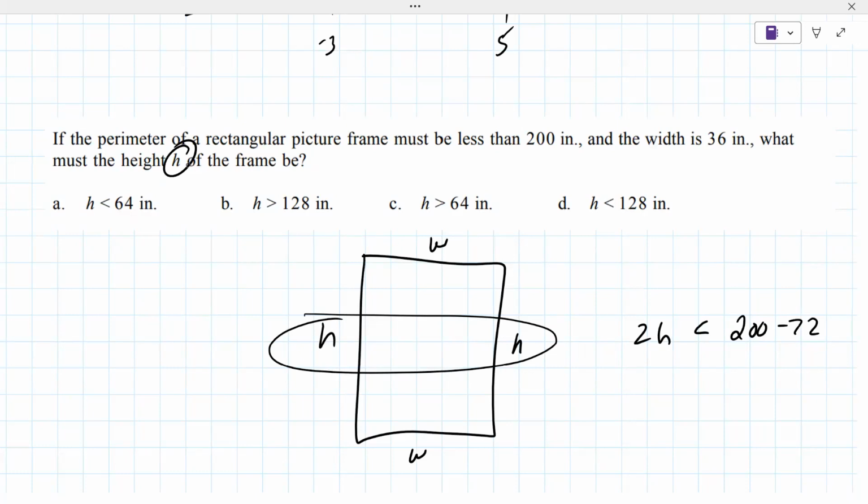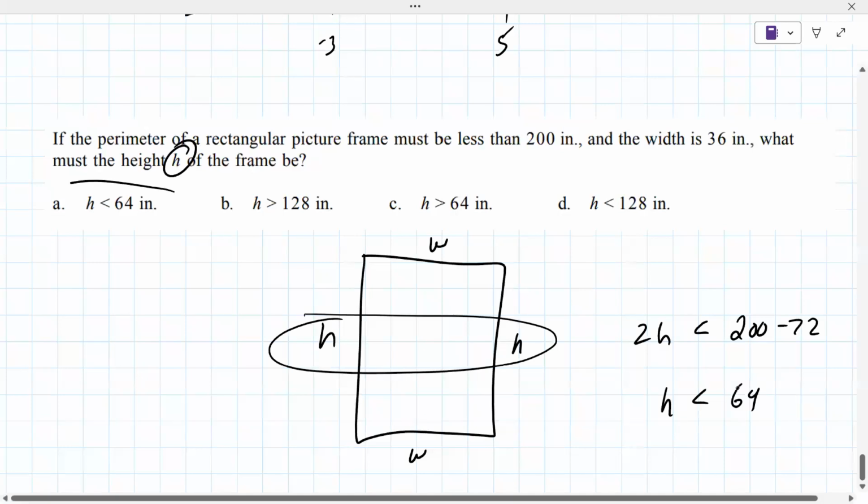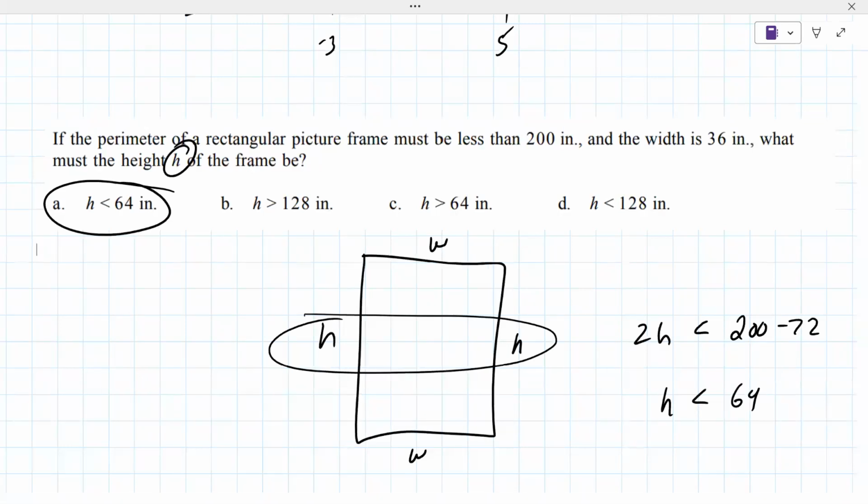H is less than 64. Okay, good. Yeah, really good.